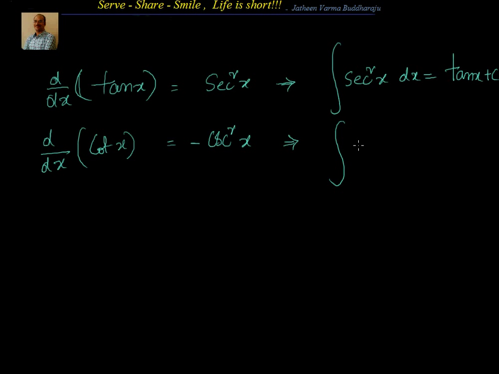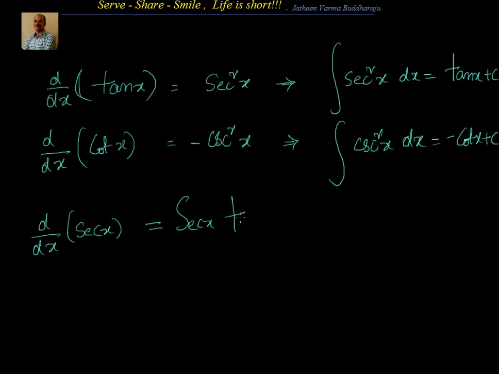So I can say the integral of cosecant square x dx is equal to minus cot x plus c. Similarly, we know that d by dx of secant x is equal to secant x into tan x. So we can say the integral of secant x tan x dx is equal to secant x plus c.